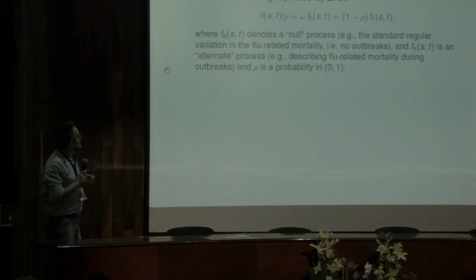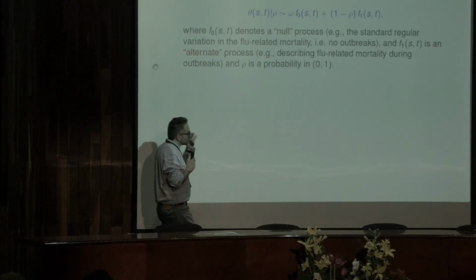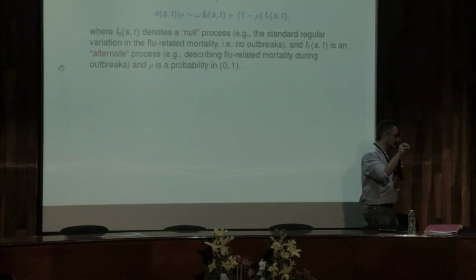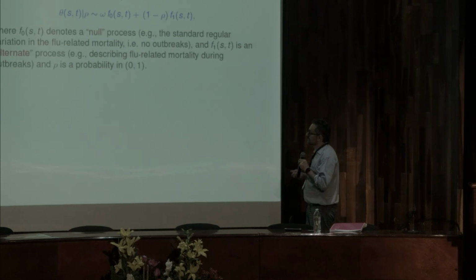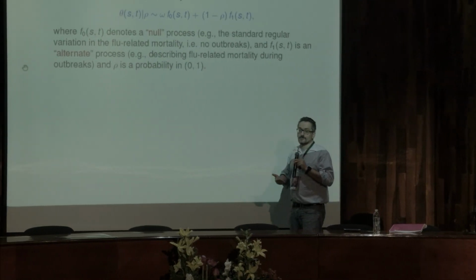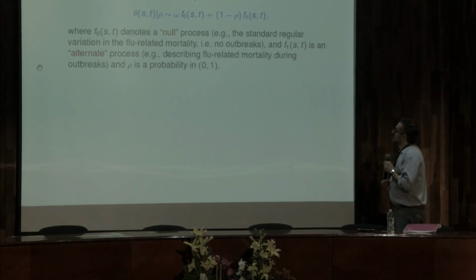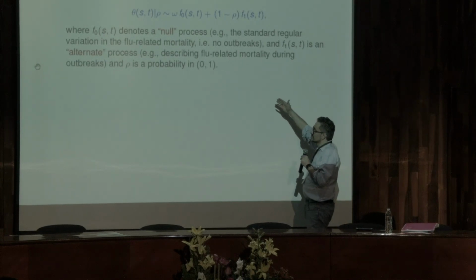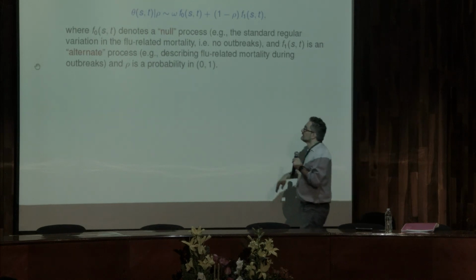Now, let's go back to the two-group model. And in this case, again, the issue is to try to clarify or model F0 and F1 in appropriate ways. Here, F0 denotes a null process over space and time. This may be a normal state where there are no outbreaks of influenza and pneumonia. And F1 may be instead an alternate process which describes flu-related mortality during outbreaks.